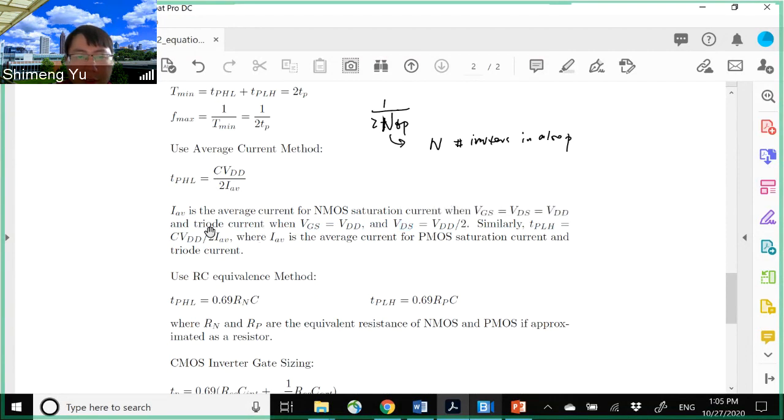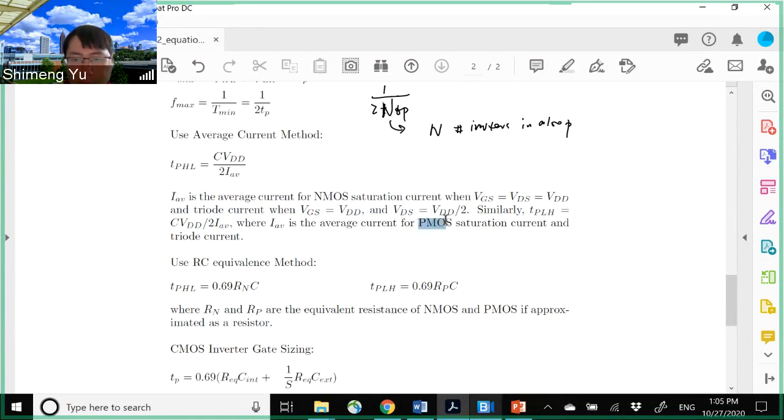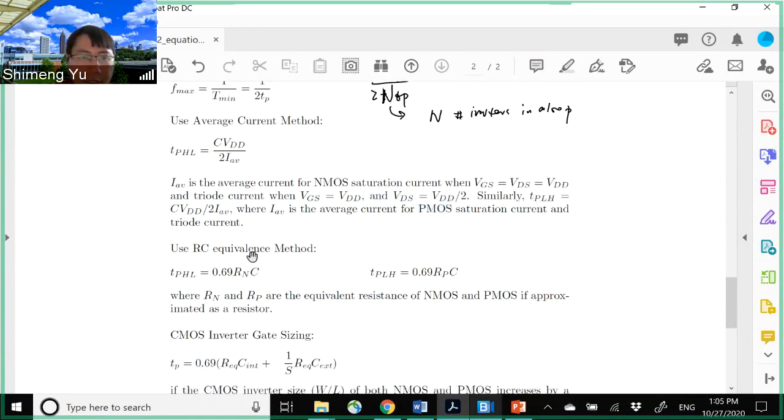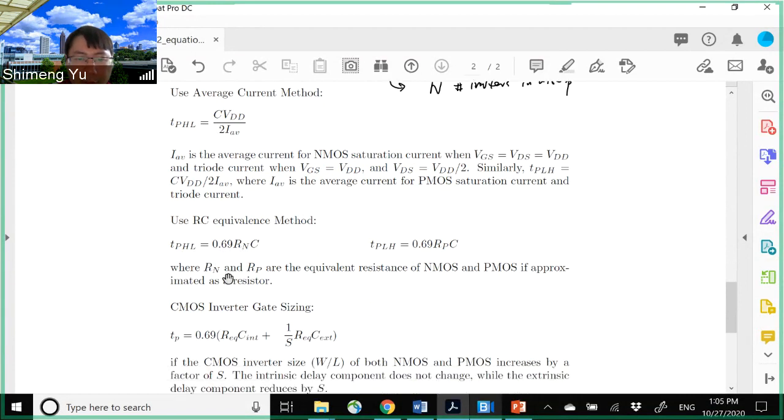So you can get TPHL this way, and similarly TPLH if you use the PMOS parameters. If we just use a simple RC equivalence, then TPHL and TPLH will be 0.69 RnC and RpC, where Rn and Rp are the equivalent resistances if we approximate the transistor as a resistor.